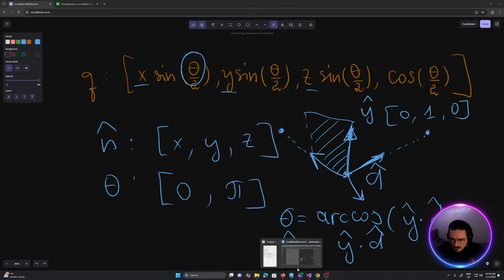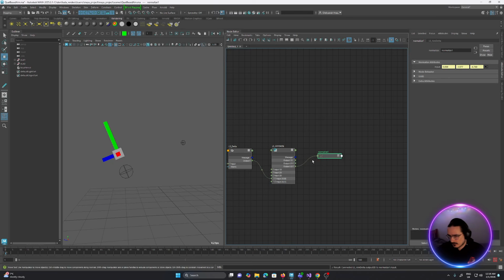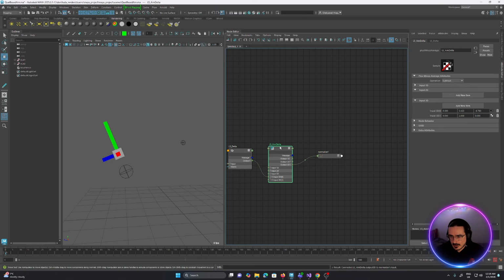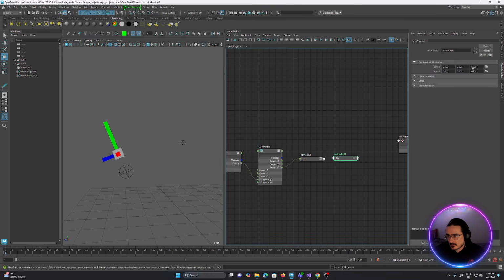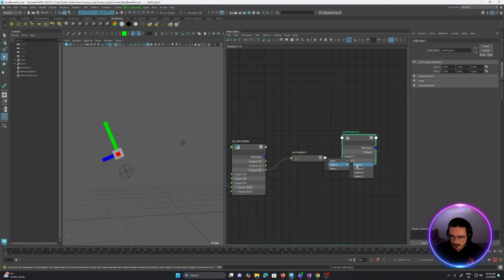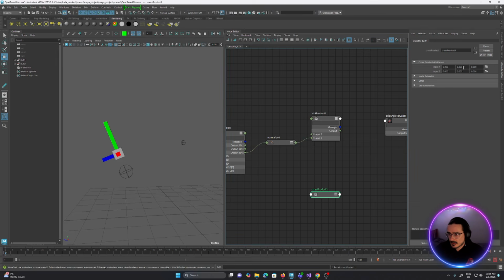Okay, let's go back to Maya and do it here. So here we have the normalized aim delta vector. Now we need to find the dot product between our aiming vector, which is y, and the normalized local aim delta. And the cross product for our axis of rotation.